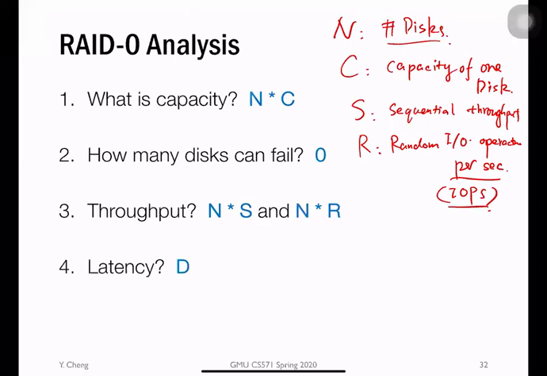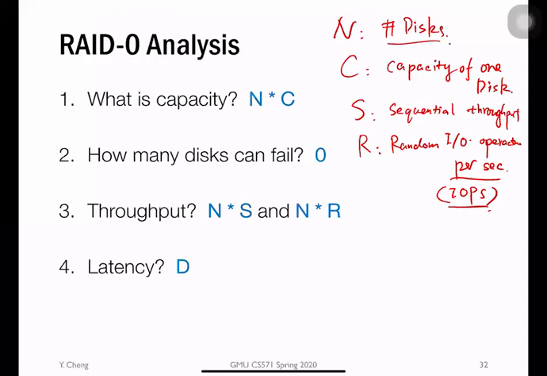Whenever you're talking about storage performance, IOPS, or I/O operations per second, is the major performance metric that is used to quantify the random throughput.